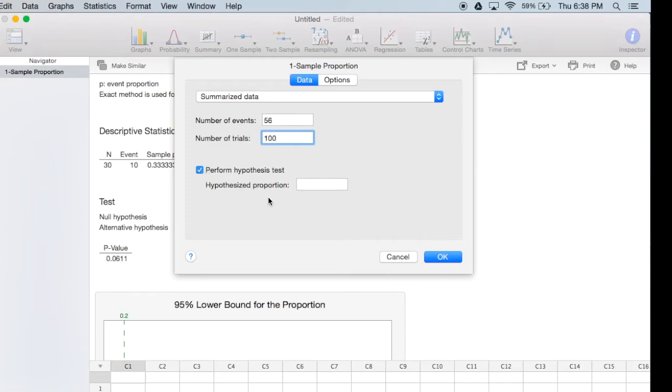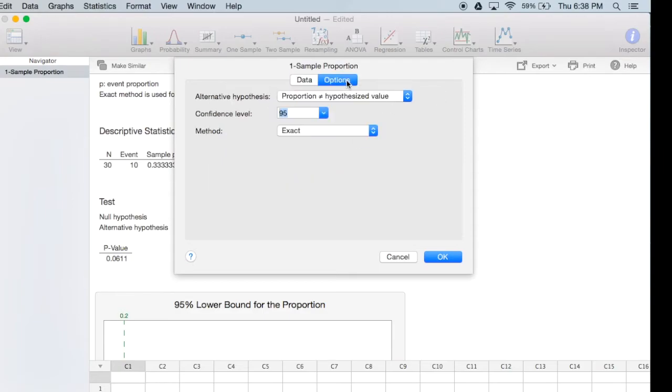We're performing a hypothesis test against the hypothesized value of 0.50. We had a right-tailed test because we wanted to know if the population proportion was greater than 0.50. We'll use the default confidence level. And n times p sub o and n times 1 minus p sub o were both large, at least 10, so we're going to use the normal approximation method.